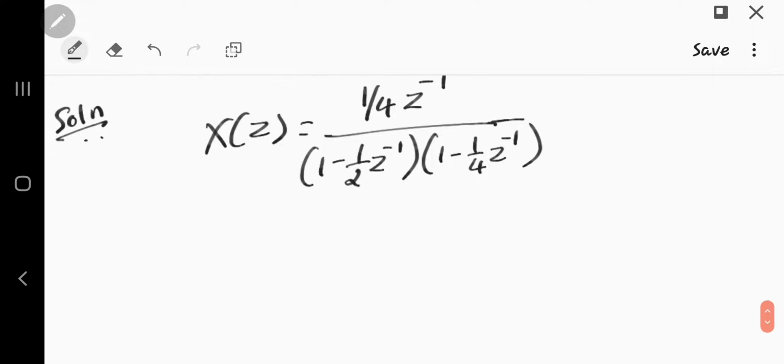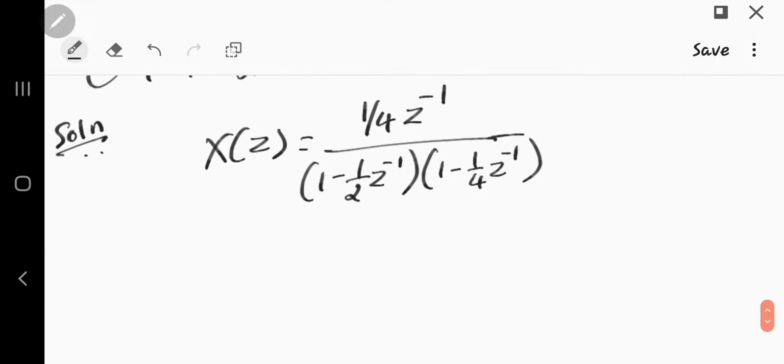Now it's already in the split form, and you can see z inverse, if you multiply this, you will get z to the power of minus 2. That means the power of the denominator is 2, and in the numerator, the power is 1 here.